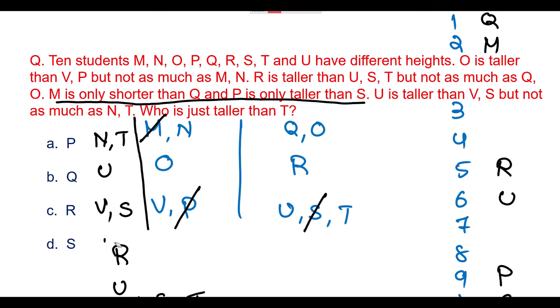Right. So what else can we map? Where can we put T then? U above N and T is required. O above N is required. I think this will give you the idea.